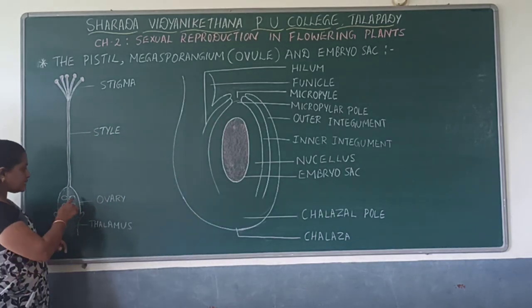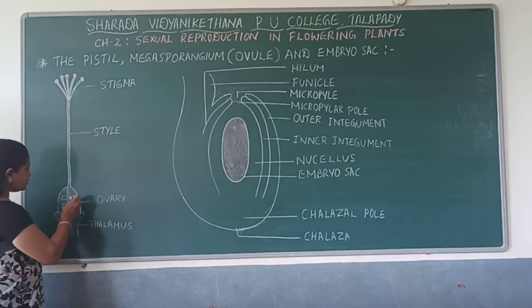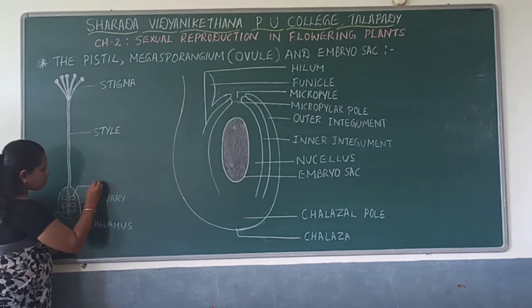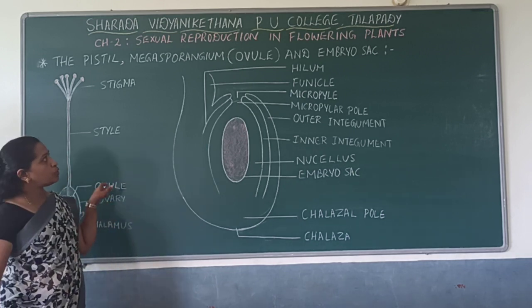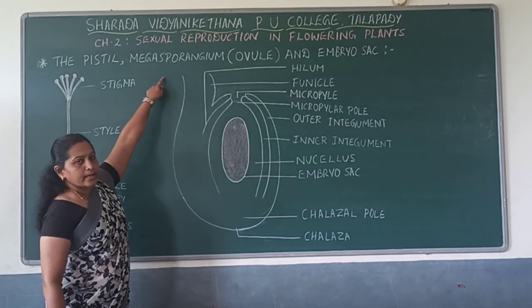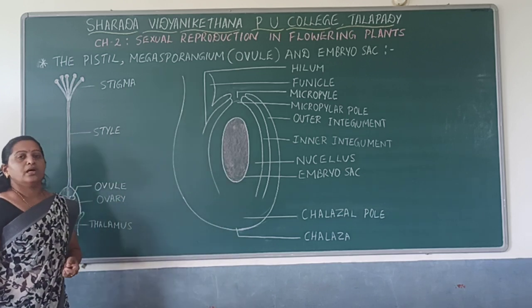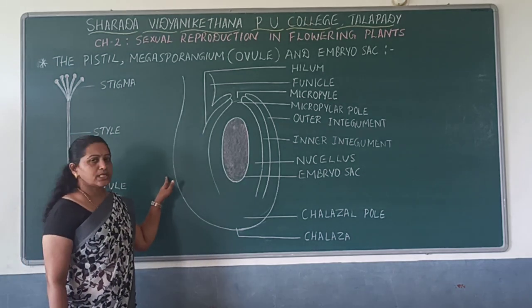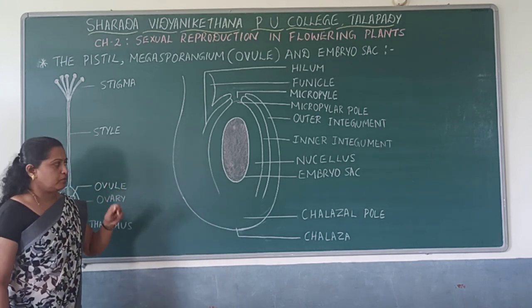Now let us discuss the structure of a single ovule. Ovule is also known as megasporangium.